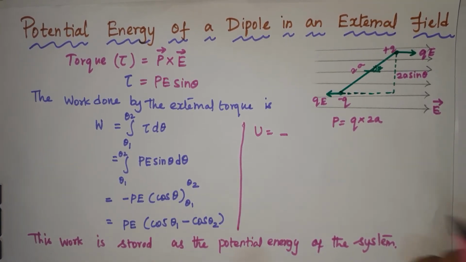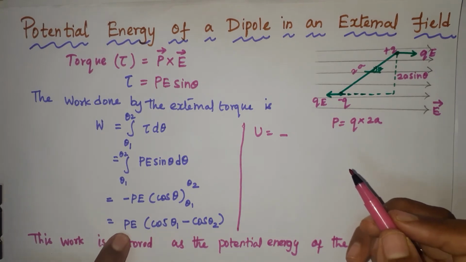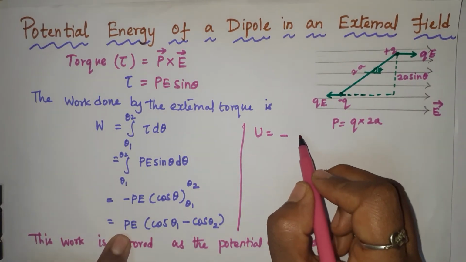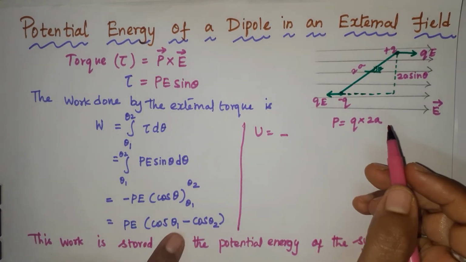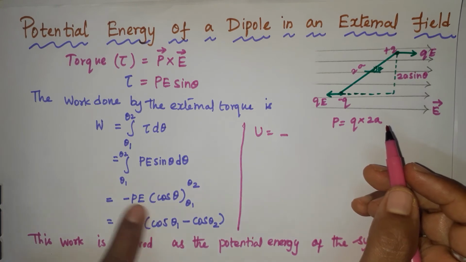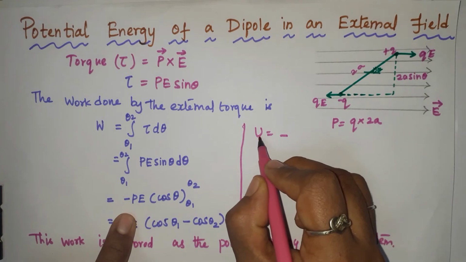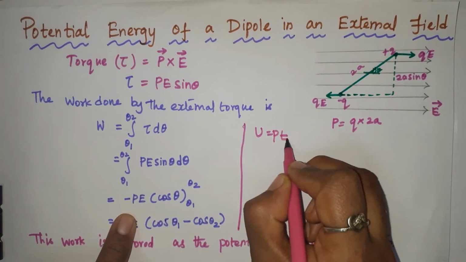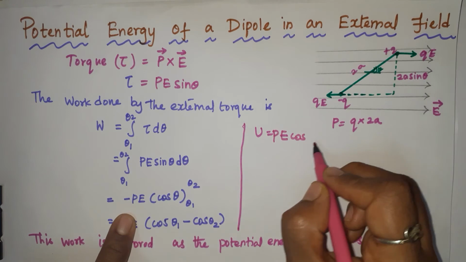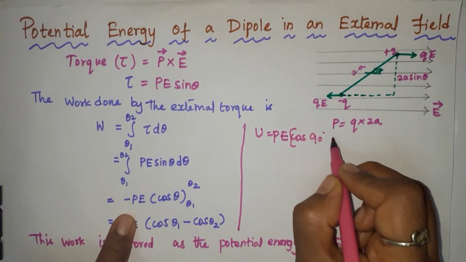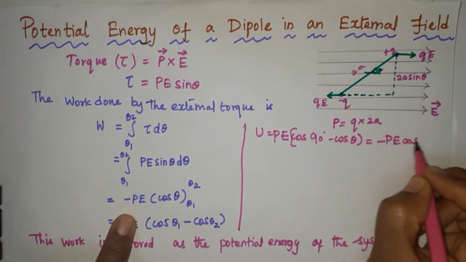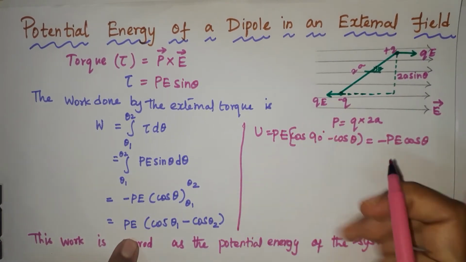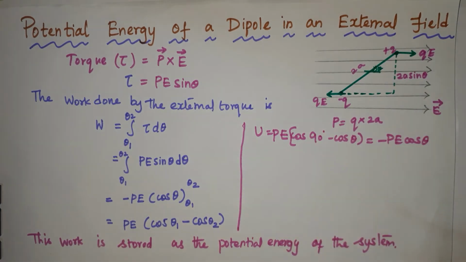So what is the answer we got here? U equals minus PE cos theta. That is, U equals PE into cos 90 minus cos theta, which equals minus PE cos theta.